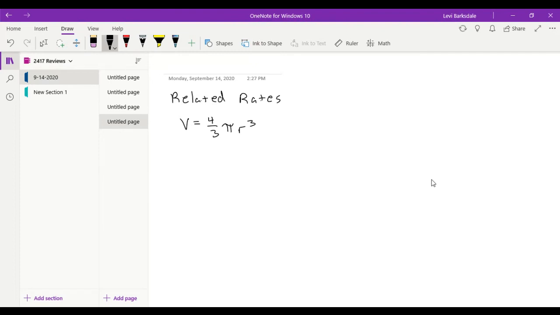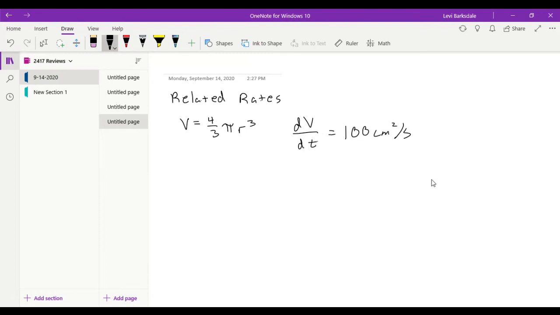And you know that, let's say you have a sphere and it's a balloon, and you're pumping in air at 100 centimeters a second. Then we can say that our change in volume with respect to time is 100 centimeters squared per second.